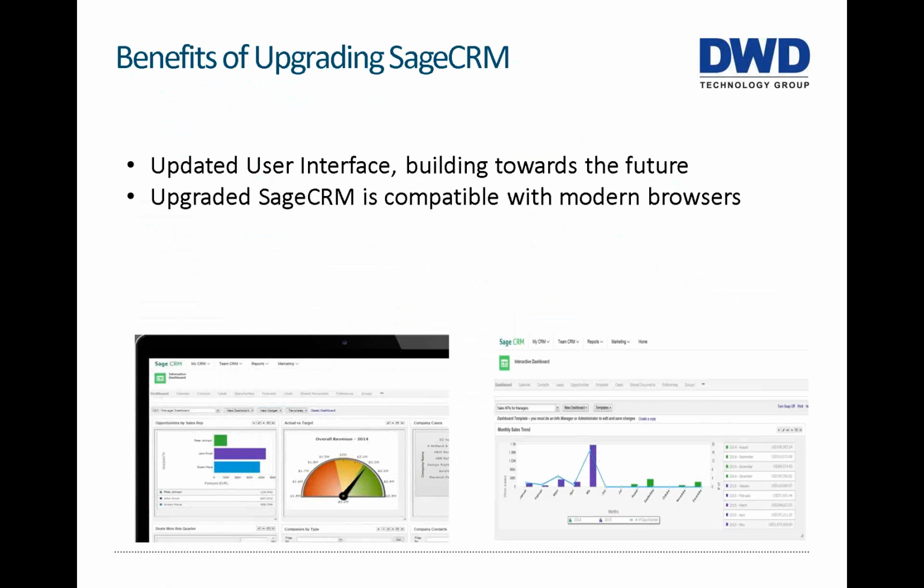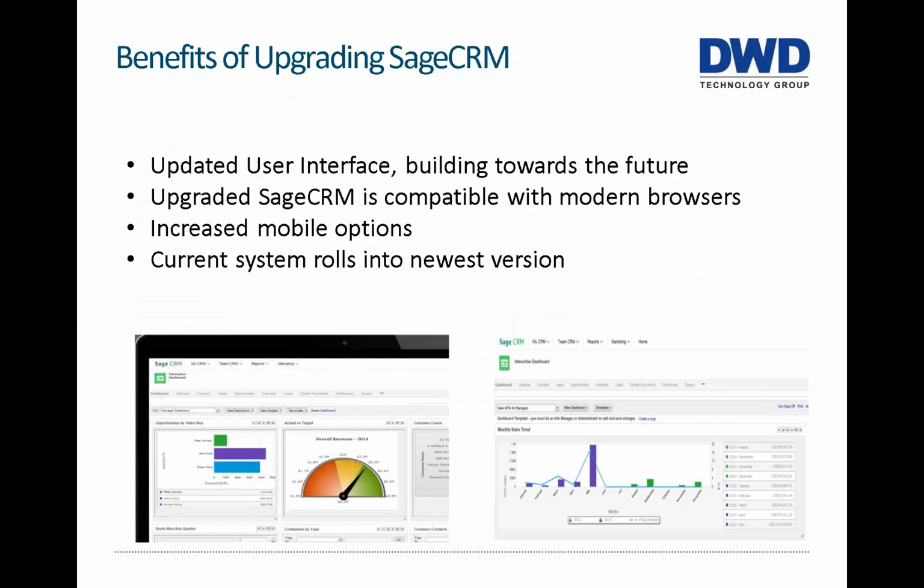If we don't update the Sage CRM systems every so often, then sometimes you run into compatibility issues, because those browsers are constantly being updated. They've increased mobile options, so like I mentioned earlier, with each iteration they are improving their mobile flexibility with the software. Another big thing is that if you have a system, it will roll into the new version.